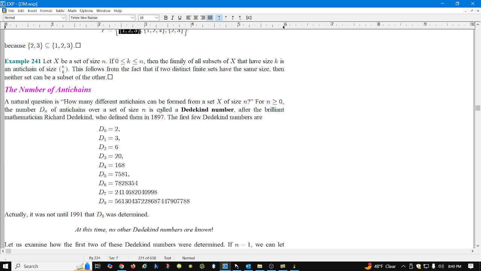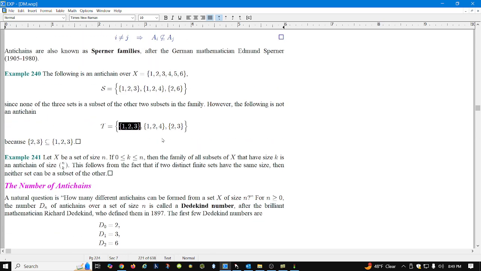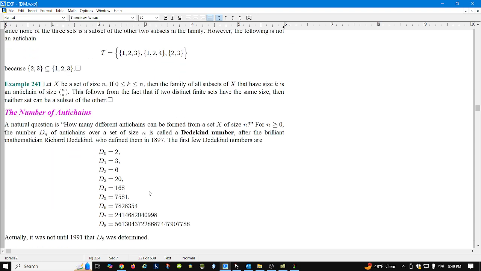There's only one subset in that family, so it's kind of an antichain by default. But there are antichains where the subsets may have different sizes. So that's not a complete list.